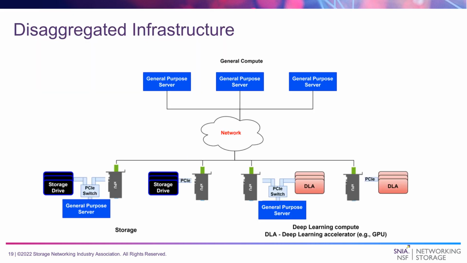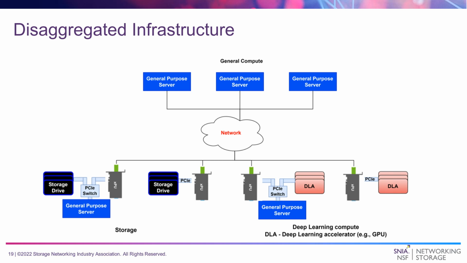So I'll start with a diagram of a disaggregated composable infrastructure, which we've seen multiple times in this series of webcasts. We have general purpose servers connected over the network and consuming resources from disaggregated resources allocated somewhere along the same network.